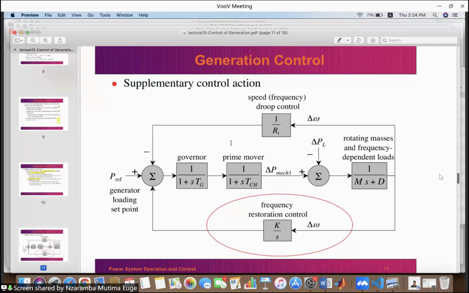Here we have the governor and prime mover, frequency restore control, and rotating mass, with frequency depending on the load. In a governor, each unit maintains its speed, while supplementary control, usually originating at a remote control center, acts to allocate generation. This is the generator loading set point, and this is the speed frequency droop control, and the rotating mass and frequency depend on the load.